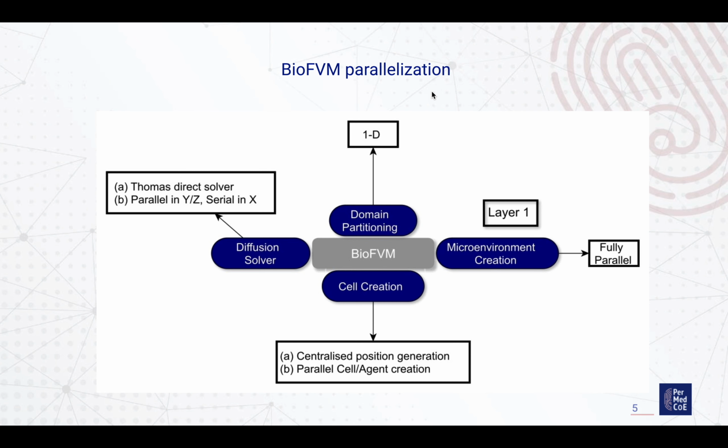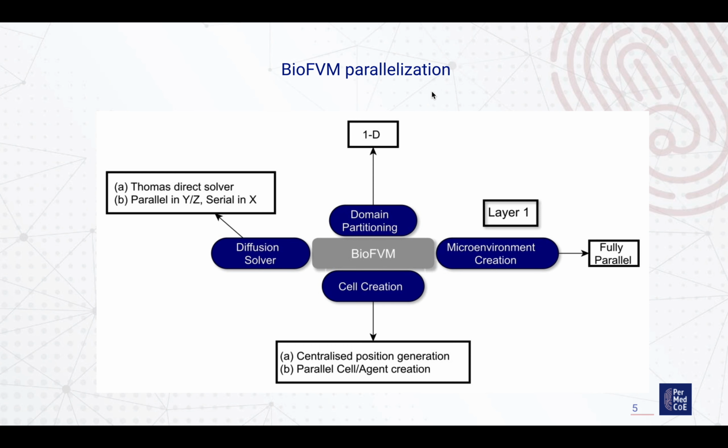the main purpose of BioFVM is to solve the partial differential equations which govern the diffusion of substrates. So the solver which is employed in BioFVM is the Thomas direct solver, which is a serial solver, and it is optimal in serial, and it is used for solving a tridiagonal system of linear equations.